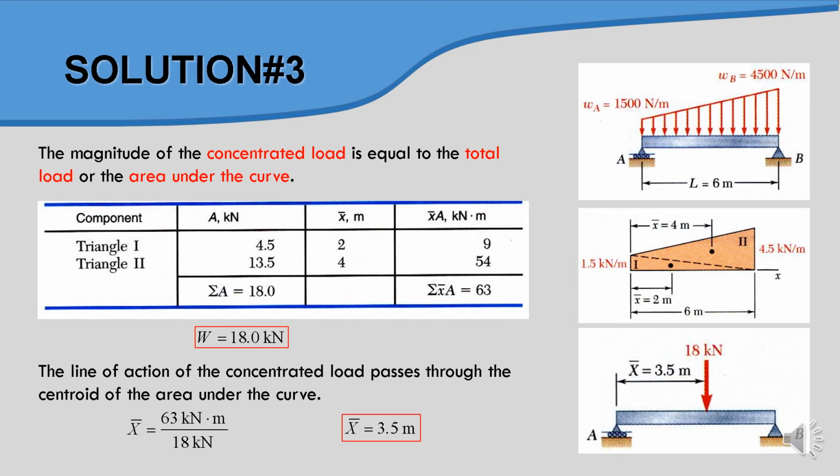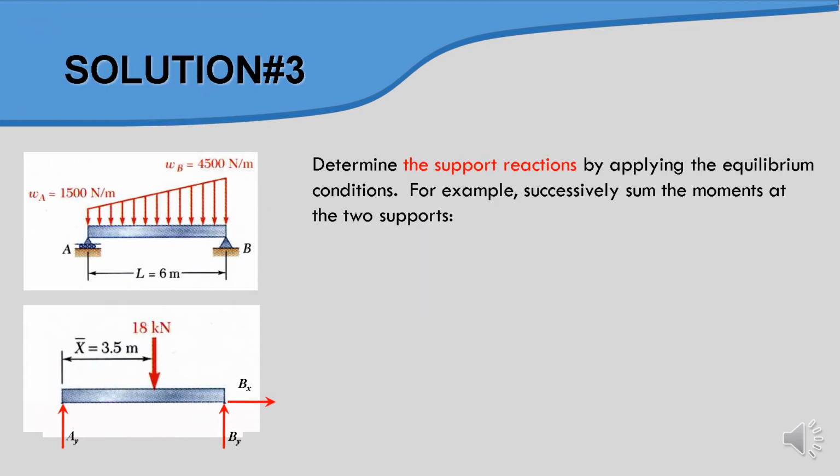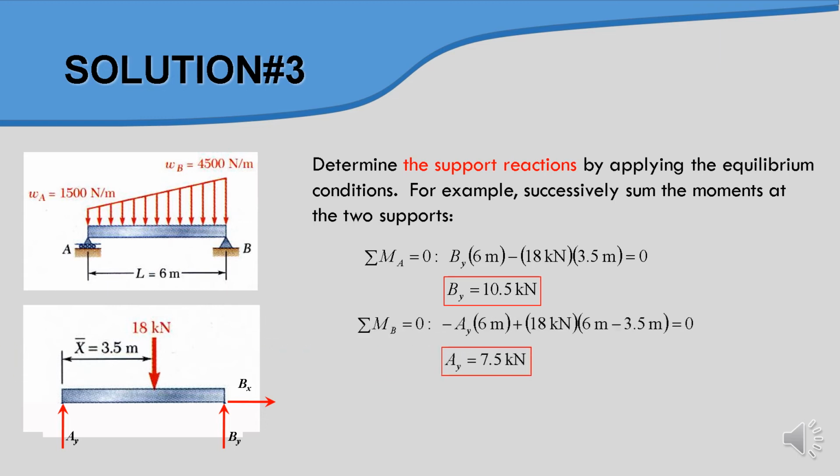Then we proceed to get the reaction at A and B. The first thing we need to do is to make a free body diagram. Then we apply the moment and net force, and finally we get the value of By and the value of Ay.